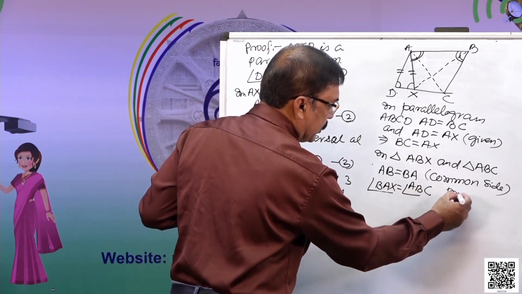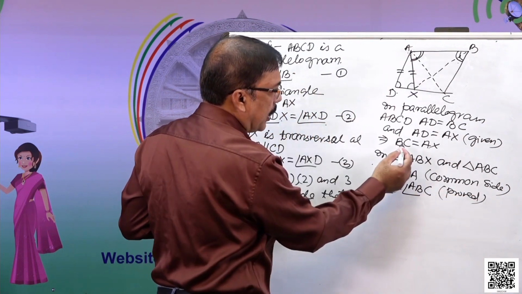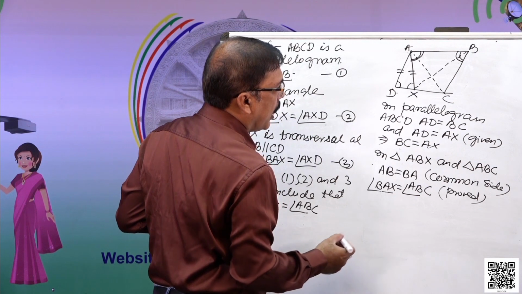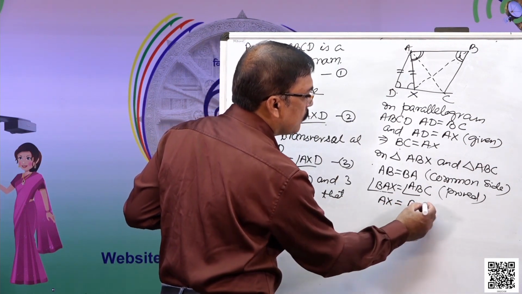We proved it, and here BC is equal to AX, so we can write AX is equal to BC.